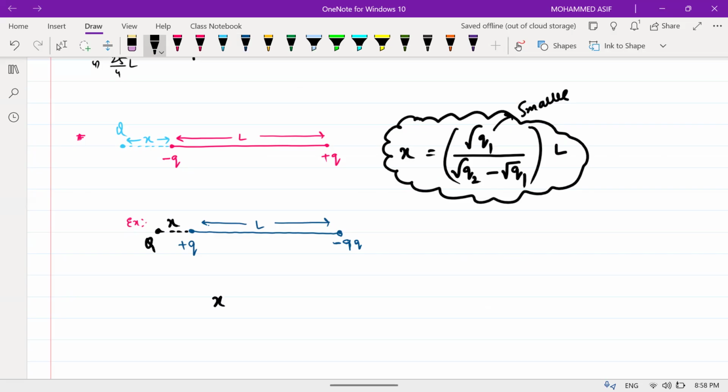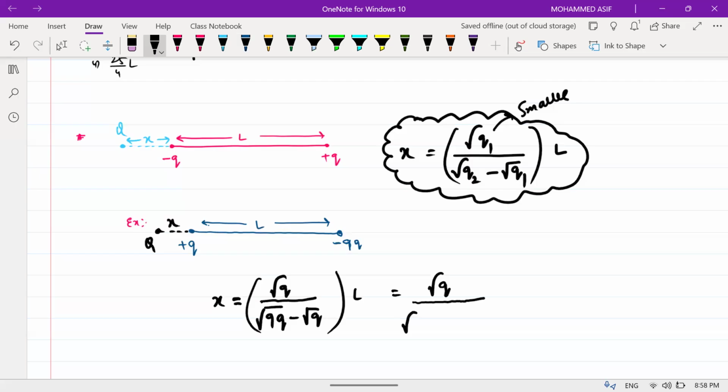So x will be equal to root of q1, that means root q, divided by q2, which is under root of 9q, minus root of q, into L. So that will be equal to root q divided by root q common, into root 9 is nothing but 3, minus 1. Root q will get cancelled, into L. So it is L divided by 2. Got it?